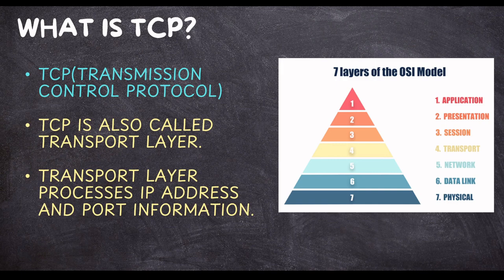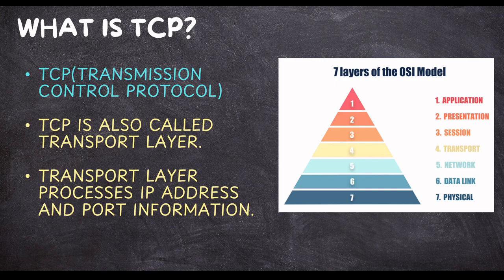So what does the transport layer do? A very important question. What does this transport layer actually do? Why do we even need to care about it? What the transport layer does, we can simply say, is process IP addresses and port information.